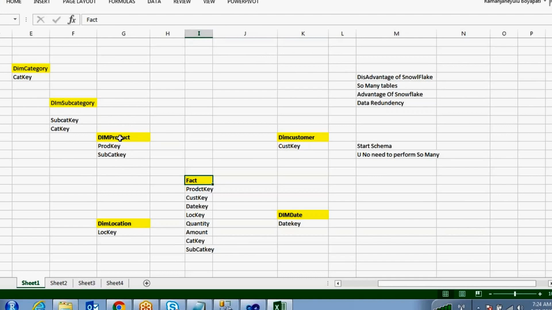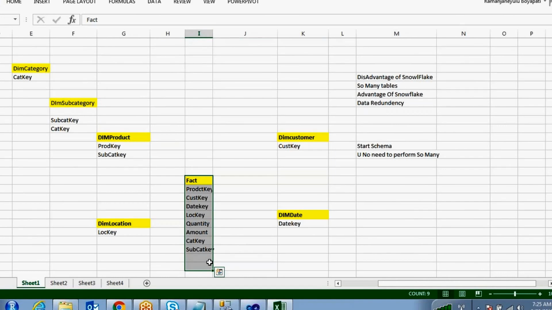The first option is better than the second, because in the second option, if you maintain a direct relationship of category and subcategory with the fact table, there is a lot of memory issue. It is better to keep them inside the product table only, because we have only 100 or 200, 300 products, so you may repeat the key values 200 or 300 times. But in the fact table, you have to repeat crores, millions, billions of times.